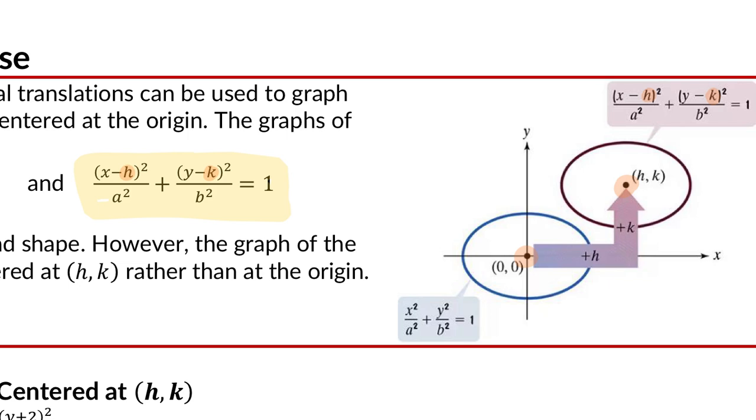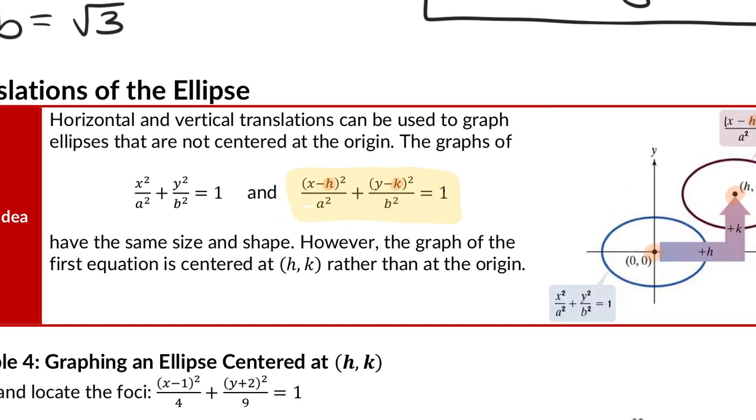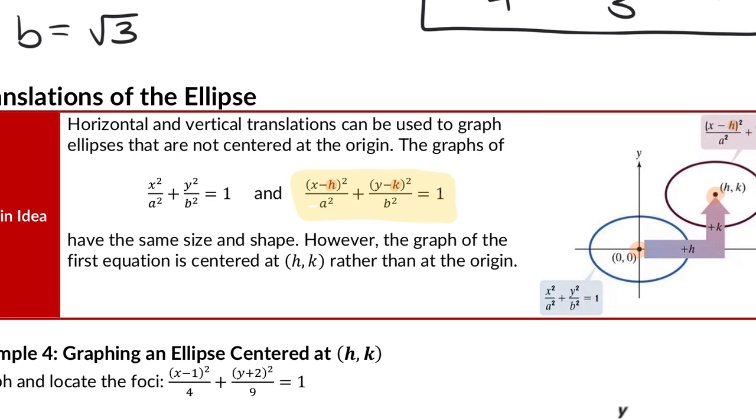Now, since we have shifted the center of this graph, it changes where we will find all of our vertices, and most importantly, it will change where we find the foci. Your foci formula is now as follows. You are going to do h, k, but you're going to add and subtract the value c from that k.